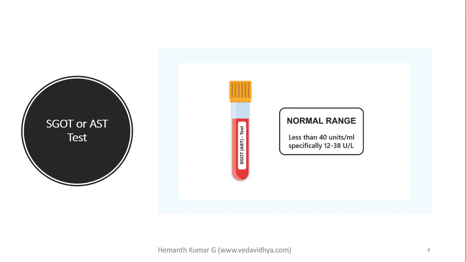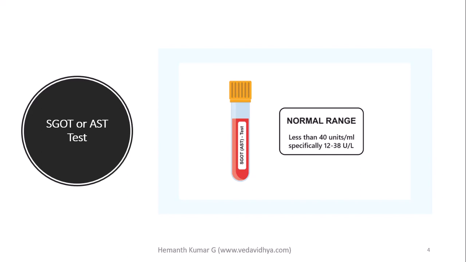AST is an enzyme found in various parts of our body, including the liver, heart, and muscles. The SGOT or AST test measures the level of this enzyme in your blood. It's a key indicator of liver cell health and integrity.